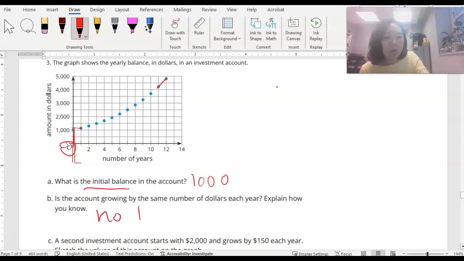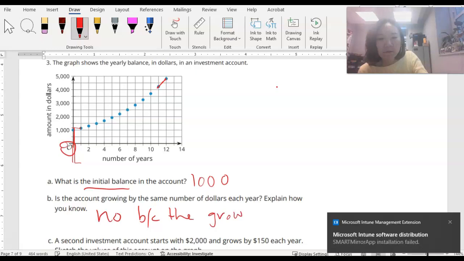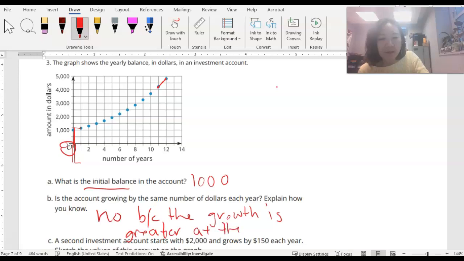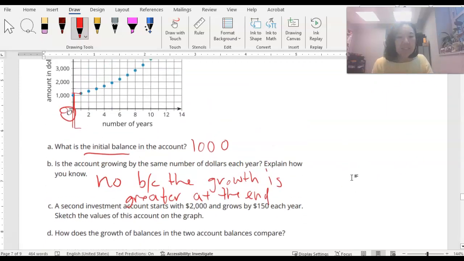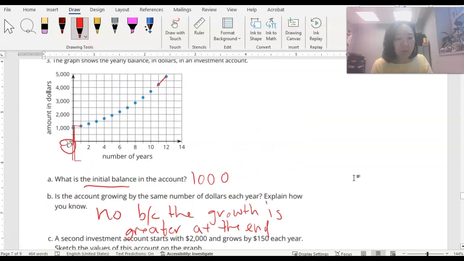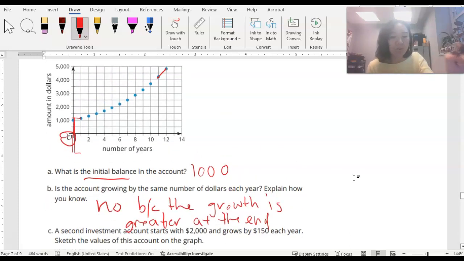So no, because the growth is greater at the end, right? Towards years 11, 12, it's starting to grow faster and the growth is going to be larger. It says a second investment account starts with $2,000 and grows by $150 each year.